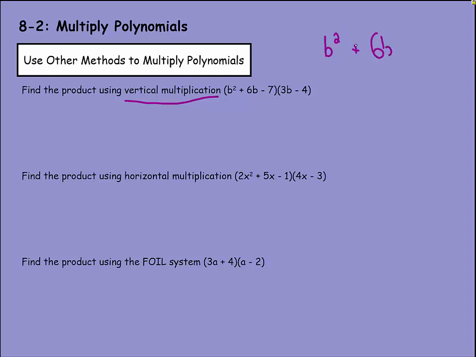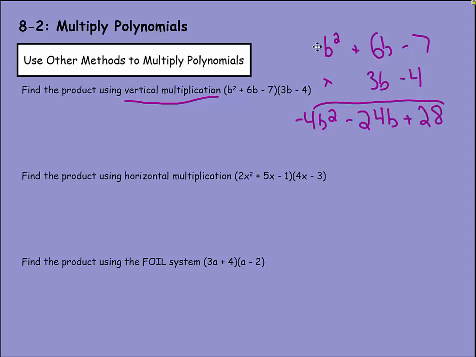So we have b squared plus 6b minus 7 times 3b minus 4. First we can multiply everything times negative 4. That'd be negative 4b squared, negative 4 times 6b, so minus 24b. Negative 7 times negative 4 is positive 28, so plus 28.